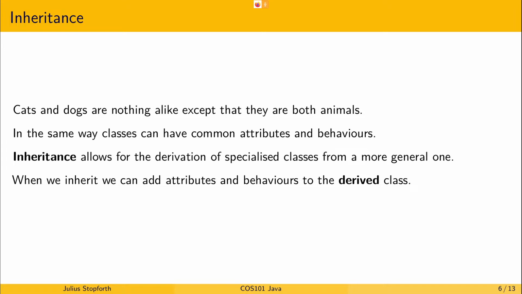Okay, so I've put it in bold there. Inheritance is the idea where we can make special classes from a more general one, and we call those specialized classes derived classes or child classes. Okay. The more specific term is a derived class. Is everyone with me about what the concept of inheritance is?